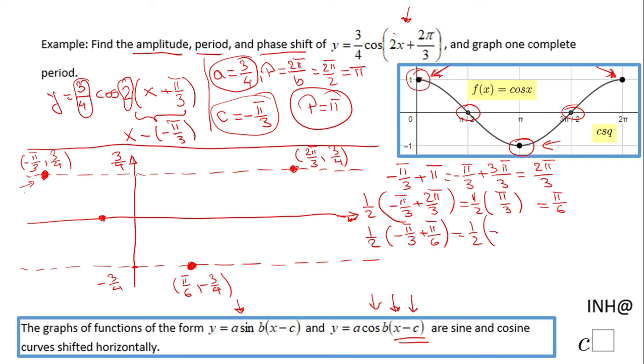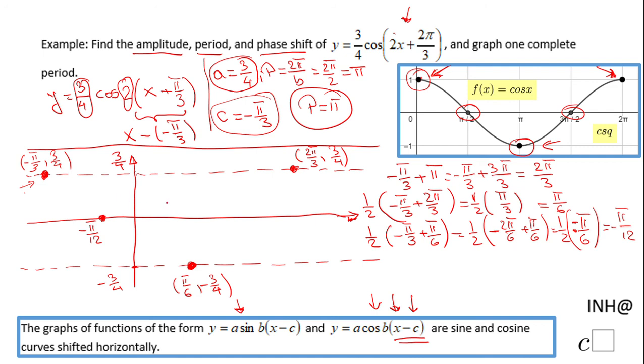So we have negative 2 pi over 6 plus pi over 6, that is negative pi over 6. Then 1/2 times negative pi over 6 will be negative pi over 12. So this point here is negative pi over 12 and 0. I'm just going to write the x coordinate since this is an intercept, negative pi over 12.